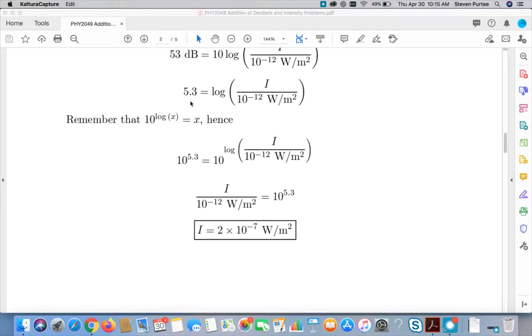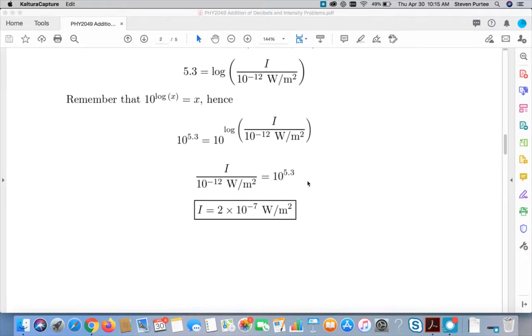We're just solving a logarithmic equation by converting to exponential form. And then here, just multiply over. We get I equals 2 times 10 to the negative 7th watts per square meter. That's the intensity, not the decibel level. That's the power per square meter at the source.